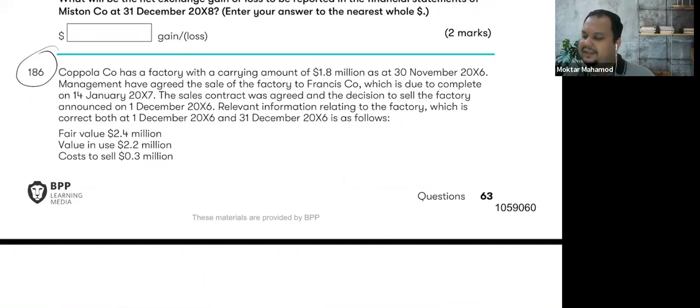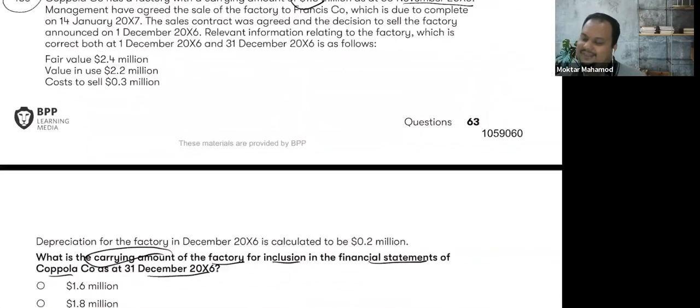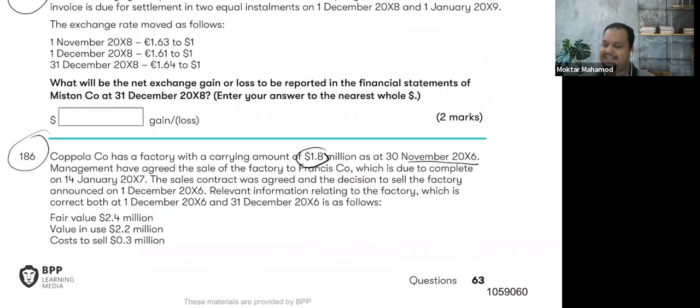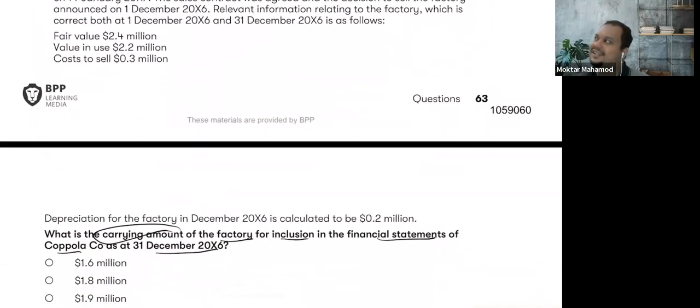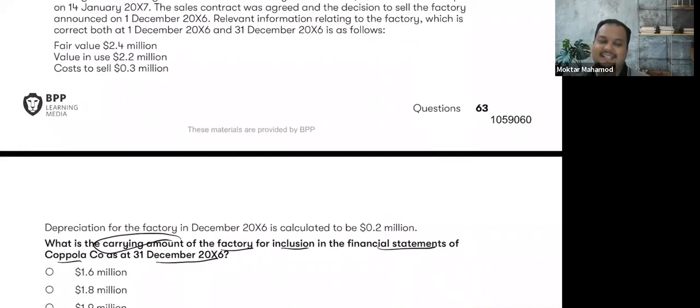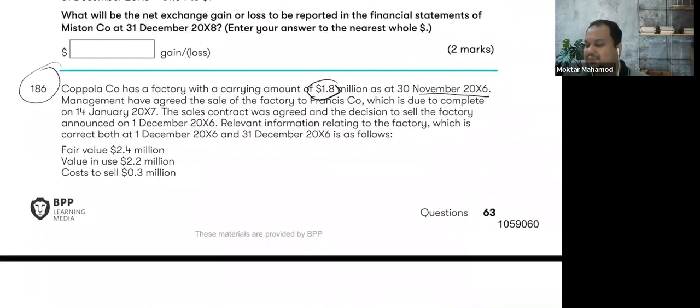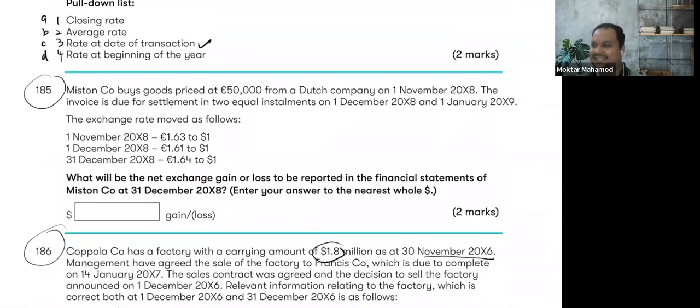Coppola has a factory with carrying amount 1.8 million at 30th November year 6. This has nothing to do with foreign currency. This is a change in accounting estimate. I remember revaluation is for assets carried at fair value. So we do 185, no mixing up. So 185, this one we do a bit faster.